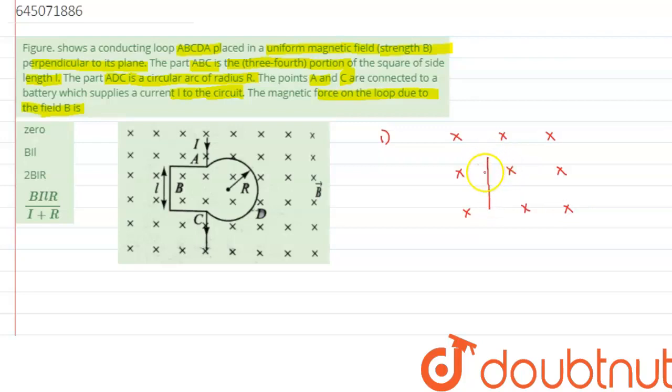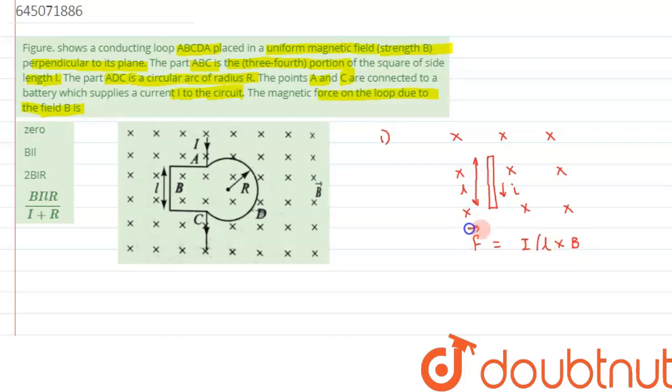So this is a rod which is carrying a current and this is placed in a magnetic field. So this rod will experience a force. If the rod length is L and the current flowing downward is I, we can write the force acting on it as I L cross B.